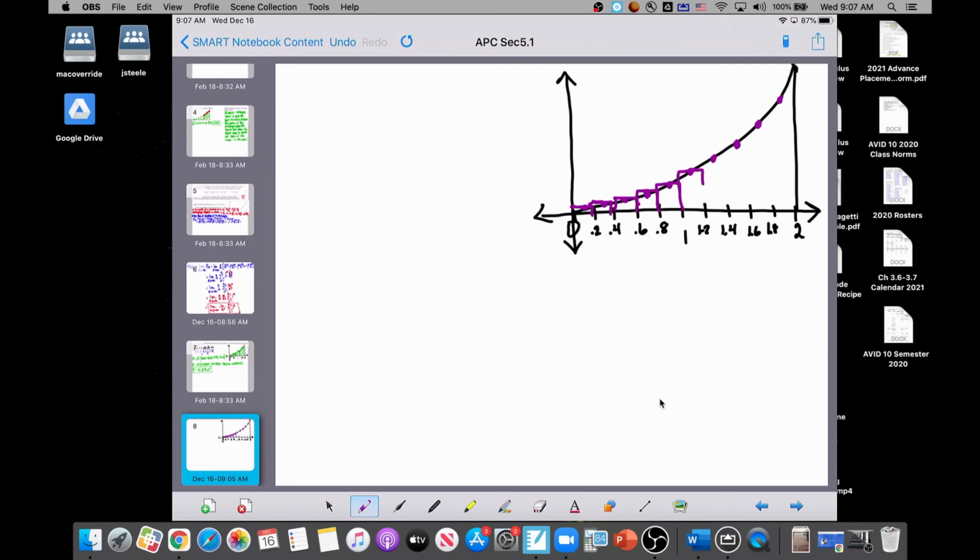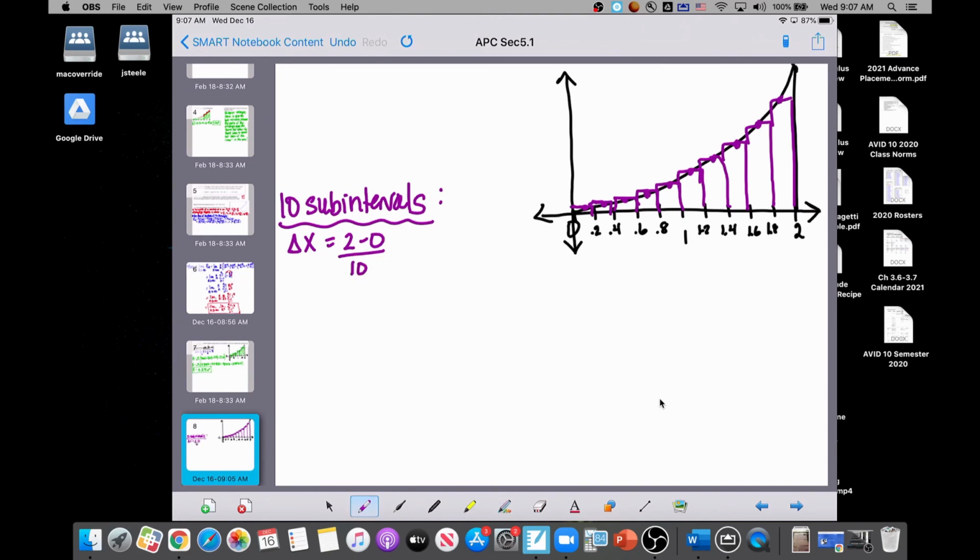And you can already see, just based on the picture, that this is going to be a more accurate representation of our area. The more rectangles we have, the better our areas become. So this time with 10 subintervals, our delta x is going to be, again, b minus a, so 2 minus 0 divided by n, and in this case, n is 10.